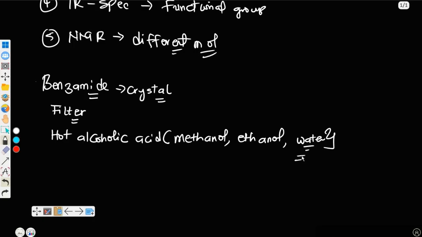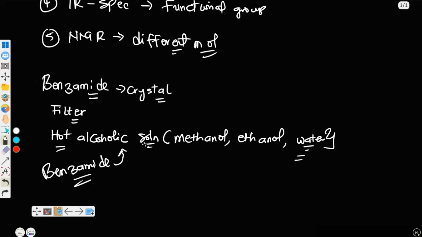It should be hot. The reason is that the benzamide crystals will, in most cases, dissolve in the hot alcoholic solution.